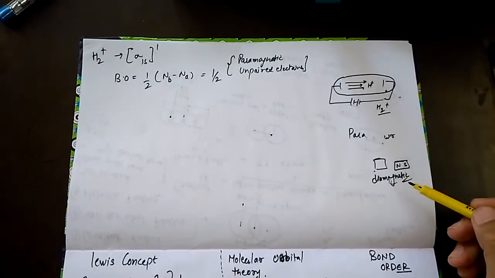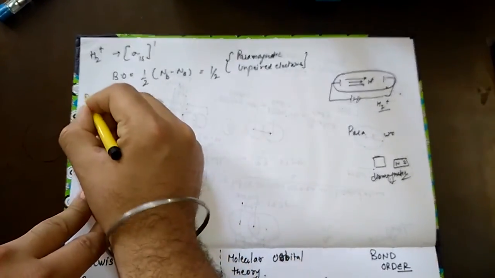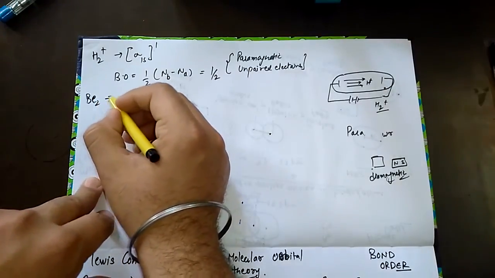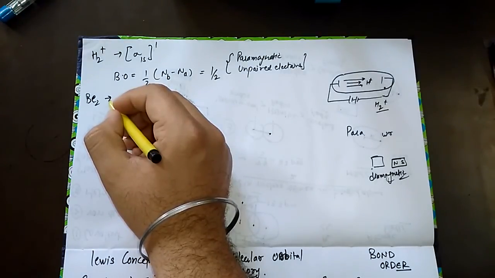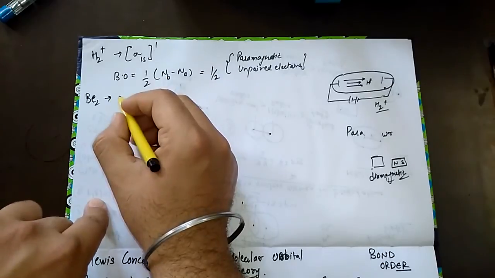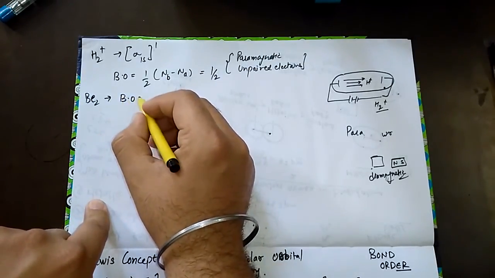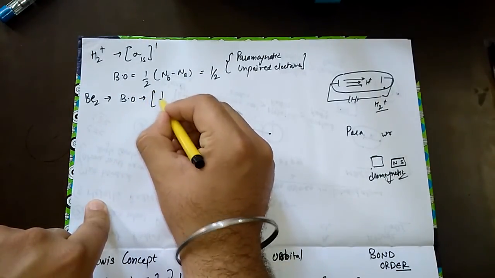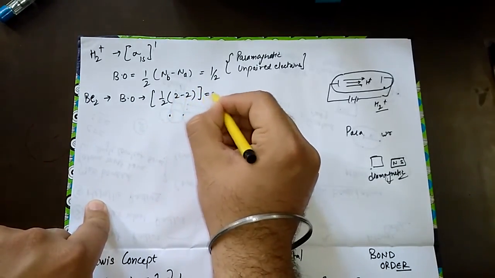If I write another configuration, let us write Be2. If we write the MOT configuration, we find the bond order as half the number of bonding electrons minus anti-bonding electrons. So the overall value is 0.